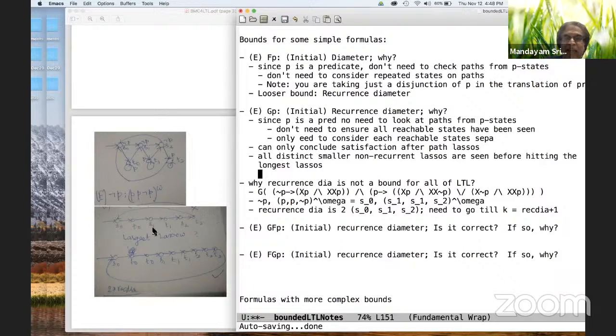Let's suppose every state here is not P, so that is not a witness to G of F of P. There must be some path from any one of these states that goes and then lassos, on which P is true in one of the states, because it's the OR of that.